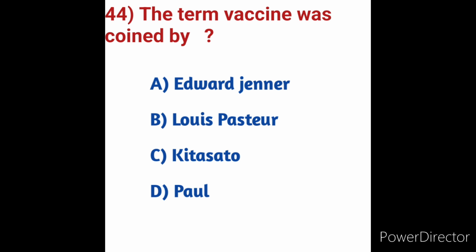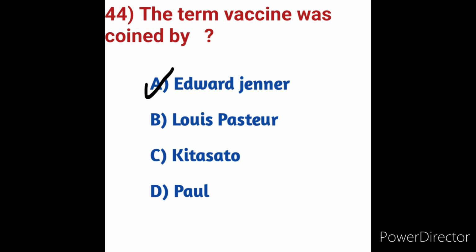Father of vaccination in India is Gursaran Talwar. So here in these options, option A is the correct answer. The term vaccine was coined by Edward Jenner. Option A is the correct answer.